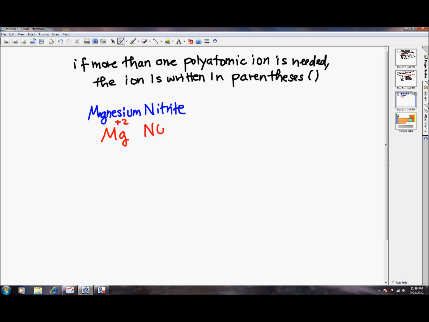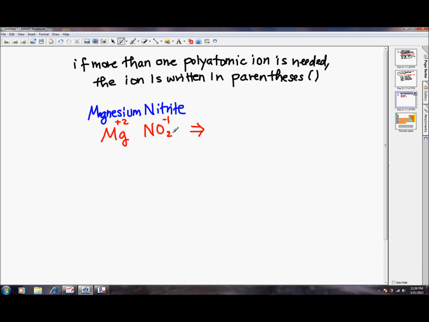It says NO2, and that's -1. Okay, so these are ions, and I have to add up to 0. +2, well, this one's -1. So when I do my switching, I know that there's going to be 2 here and 1 here.